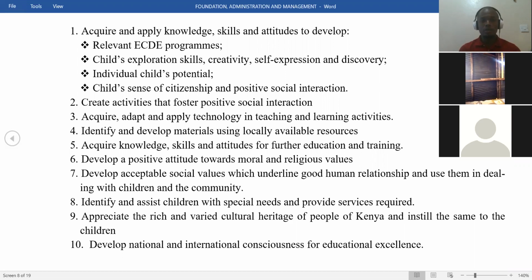Okay, are you able to see number 2? Kindly read number 2. Create activity that foster positive social interaction. Yes. What are these activities that can foster positive social interaction?